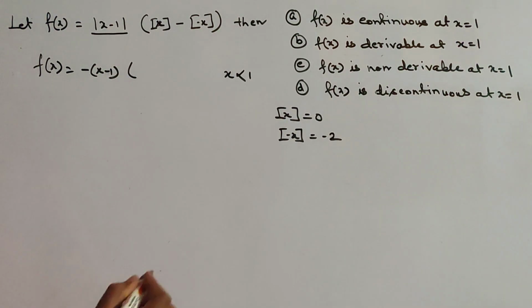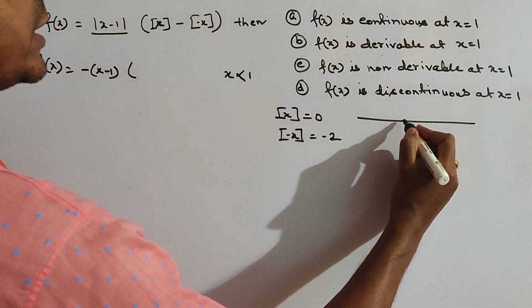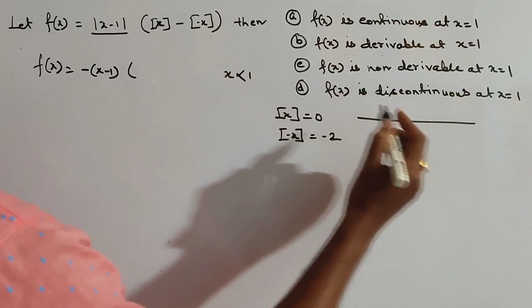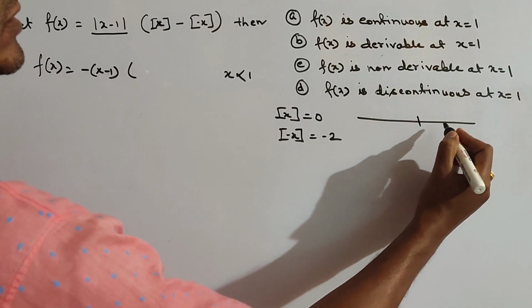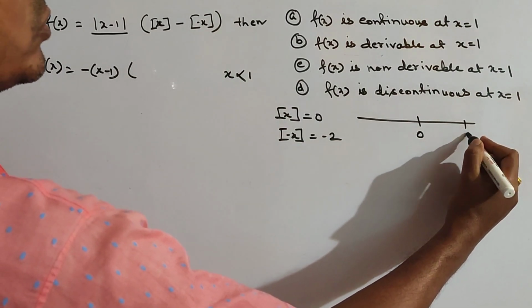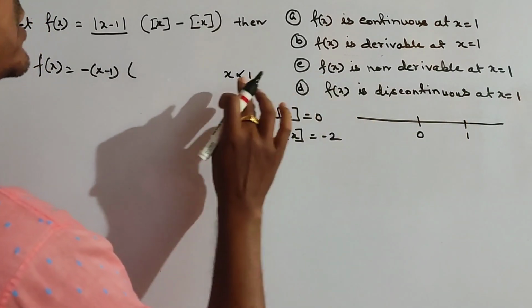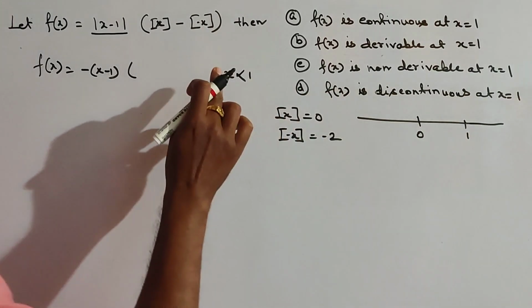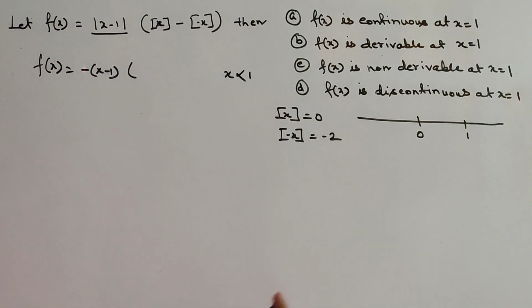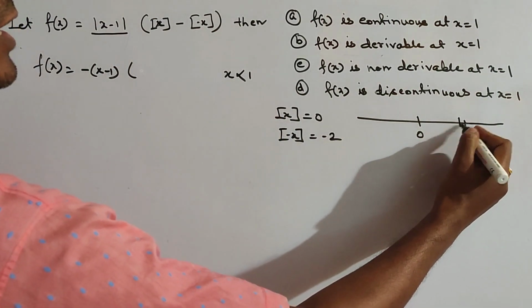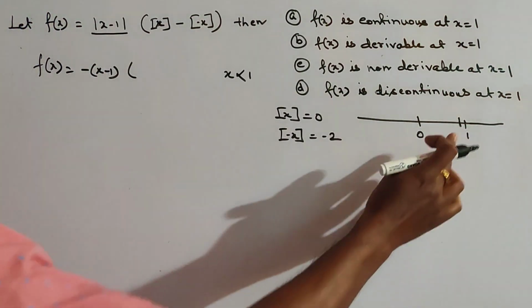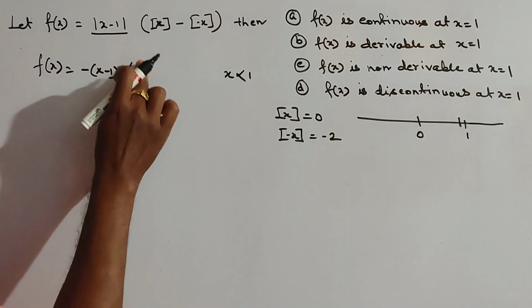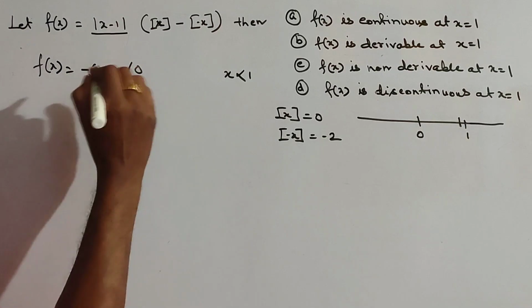Right? X less than 1 means here x less than 1, here 0, here 1. X less than 1 but greater than 0, obviously, because near x equal to 1. Then box x is equal to 0.